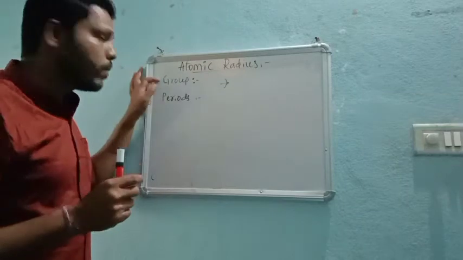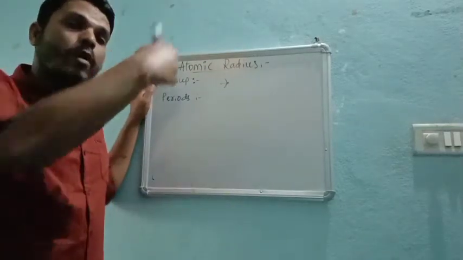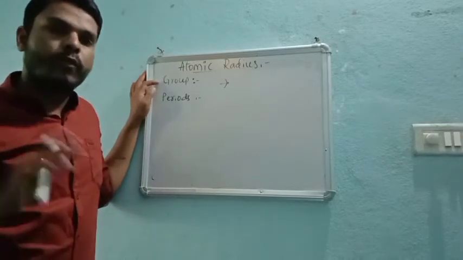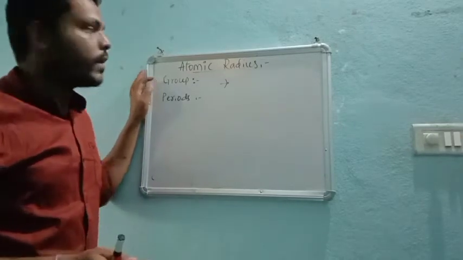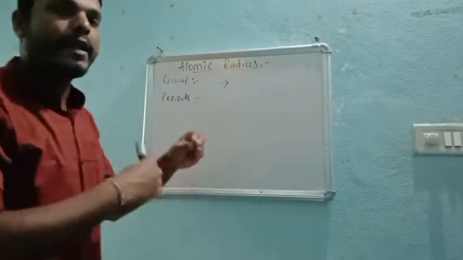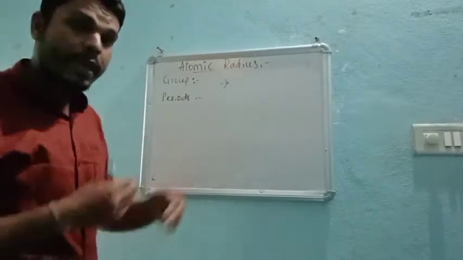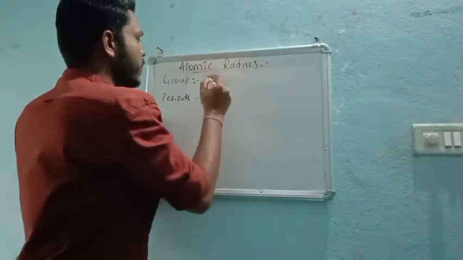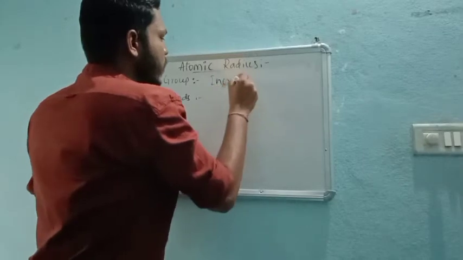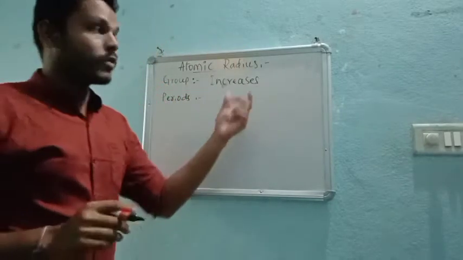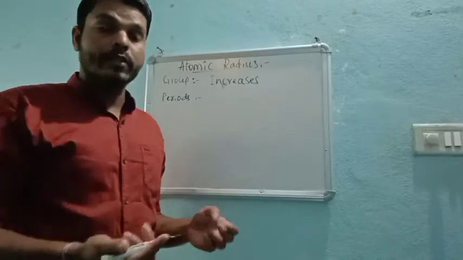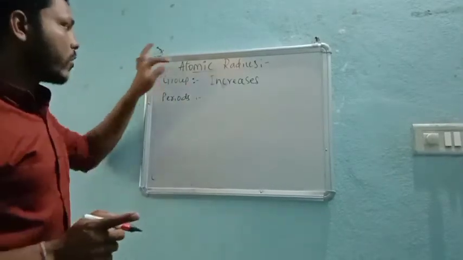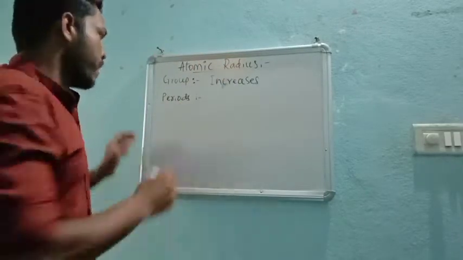That means in a group, as we move from top to bottom, if you take any group, first group, second group, third group, fifth group, whatever it may be, always the atomic radius increases, right? Why? Because we saw the reason also. Because the electron enters into a new shell. So that's why in a group the atomic radius always increases.